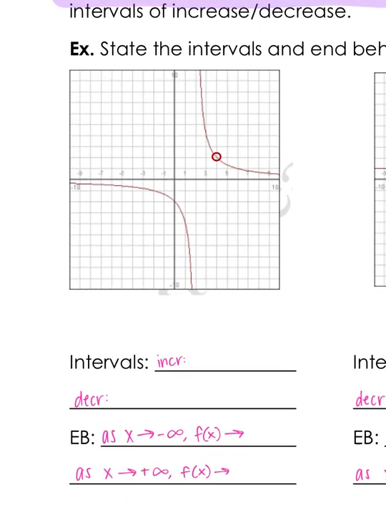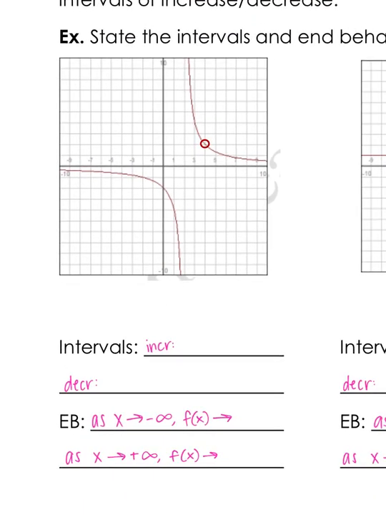So the first thing I want to do is find my asymptotes. I can see that on the left side, this one is coming up, seems to be approaching y equals 0. On the right side, as it goes down, it also seems to be approaching y equals 0.